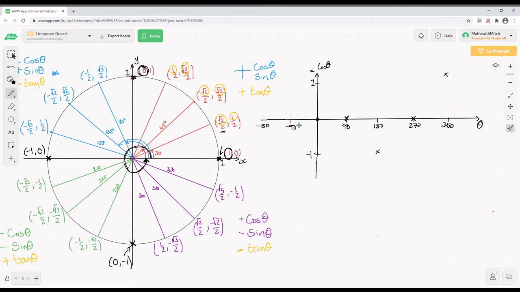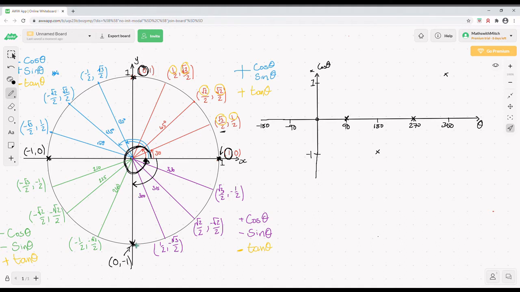Now before we join the graph up, we are going to quickly think about what is minus 90 and what is minus 180. We've defined this as the positive direction of the angle, so it would make sense that the negative would be in the opposite direction. So if you were to go minus 90, you've actually travelled in this direction here.